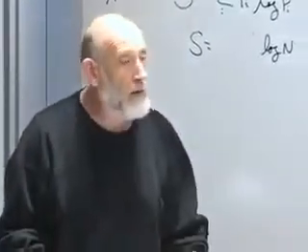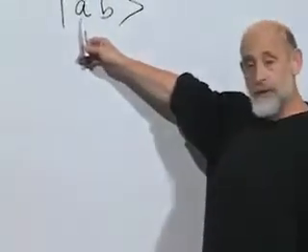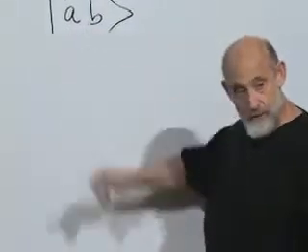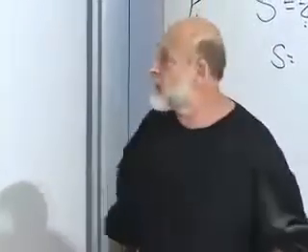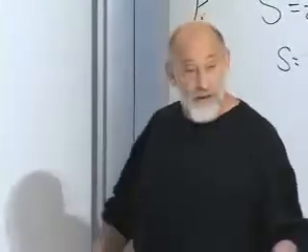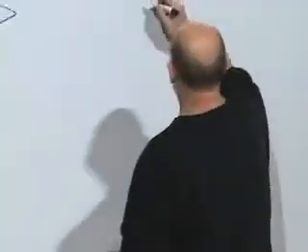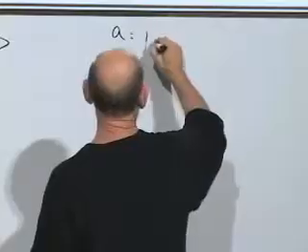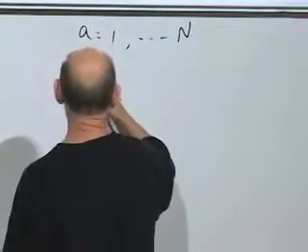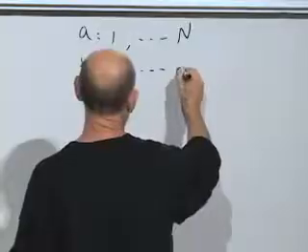Altogether, the total number of states would be the product of the number of configurations of subsystem A times the number of subsystem B. So if we had a spin which could be in one of two directions, and we were putting it together with an atom which could be in 3 possible states, the total number of states would be 6, just 3 times 2. Let's say that little a runs from 1 to capital N, and little b runs from 1 to little n. They don't have to be the same. They could be two quite different systems.